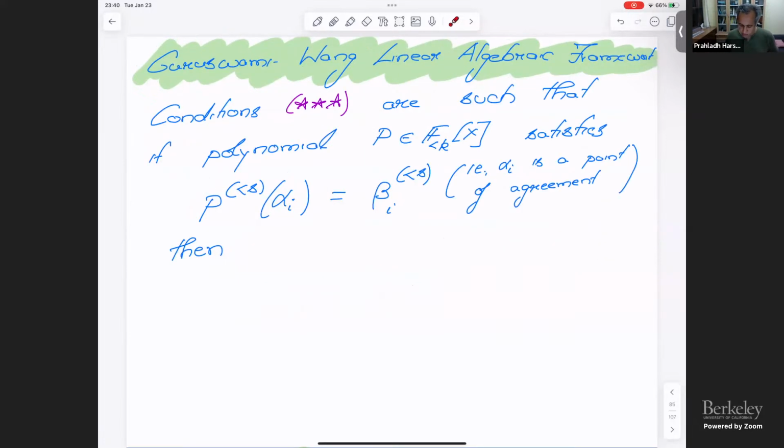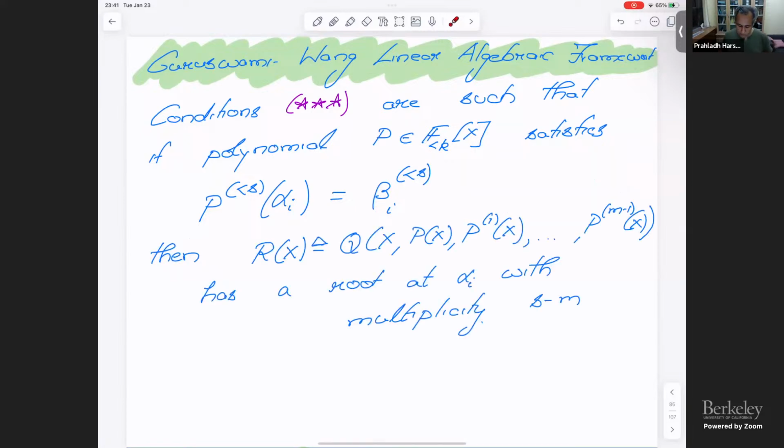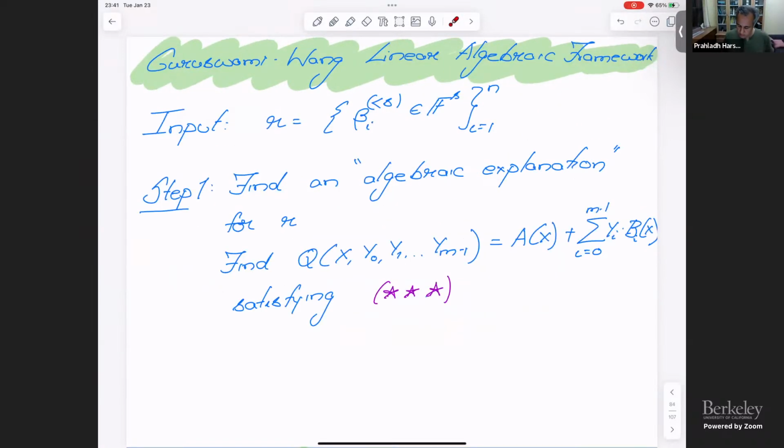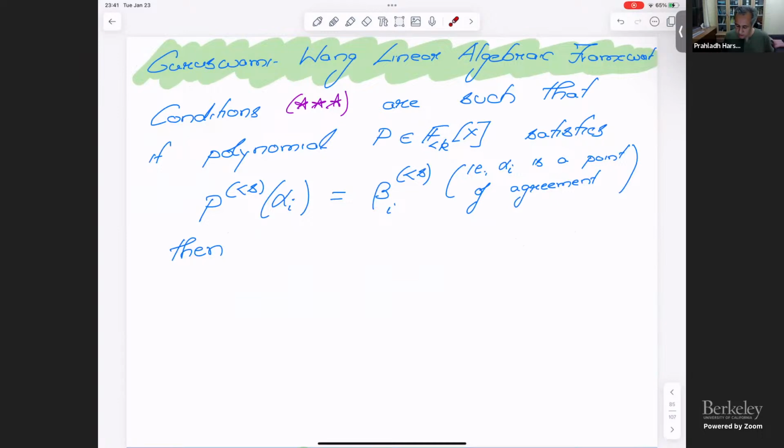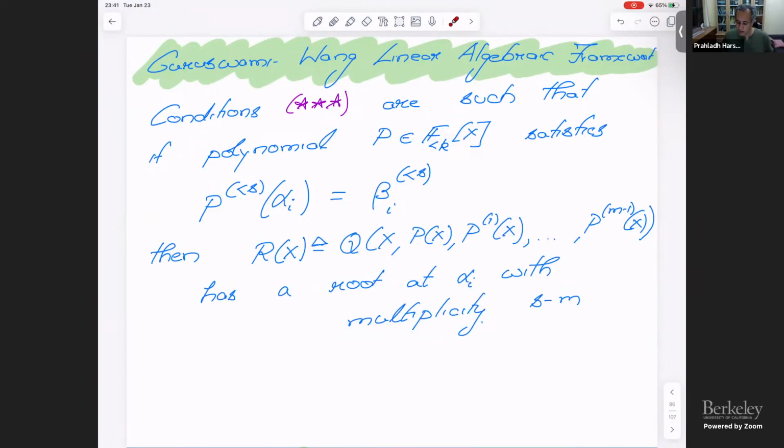So what do we want from this? We want the conditions to be such that if there's some polynomial P and the received word that happen to agree at a particular point, say at the point alpha_i, then consider the polynomial R(x), which is obtained by taking this polynomial Q and plugging in, instead of the y_i's, P(x), the first Hasse derivative of P(x), the second Hasse derivative, all the way up to the (m minus 1)th Hasse derivative.